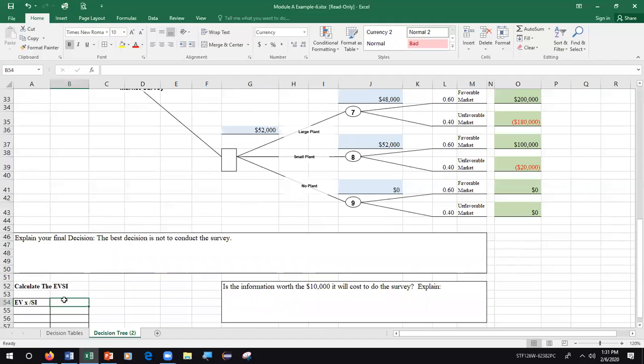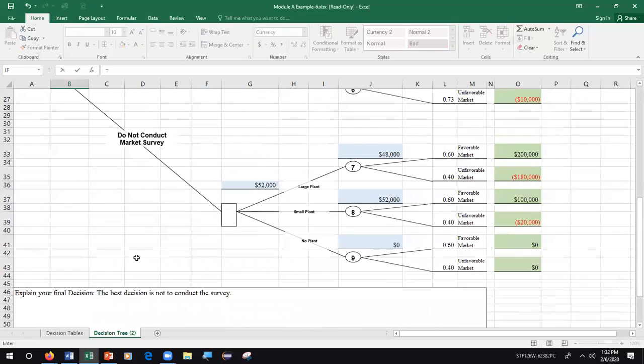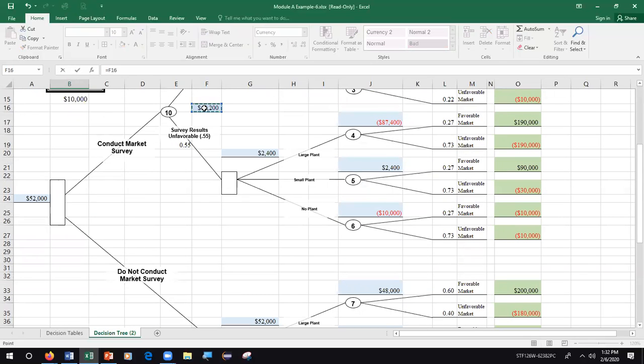And the way we're going to calculate that, this is getting tricky to get all this going on the same screen. It's going to be 49,000 plus, this is going to be equal to, we've got to go up here, grab that, plus the 10,000 that we spent.